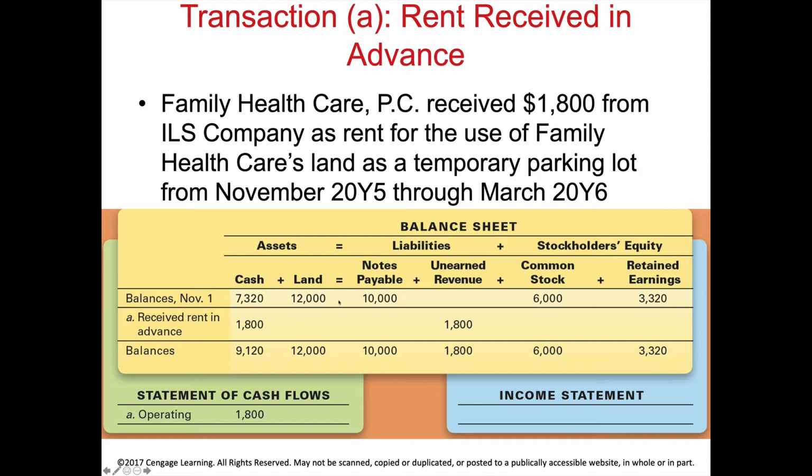She bought some land. And then at the end of that first series of transactions that we did in the prior chapter, she had $7,320 of cash on hand. Okay, so the next thing that happened was the company received $1,800 from ILS Company as rent for the use of Family Healthcare's land as a temporary parking lot from November through March.